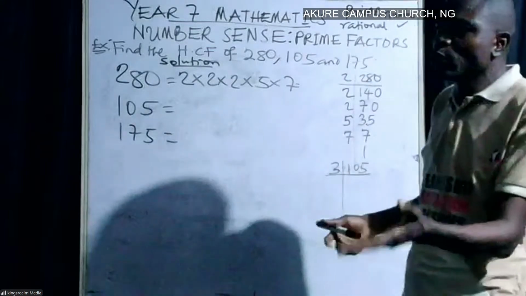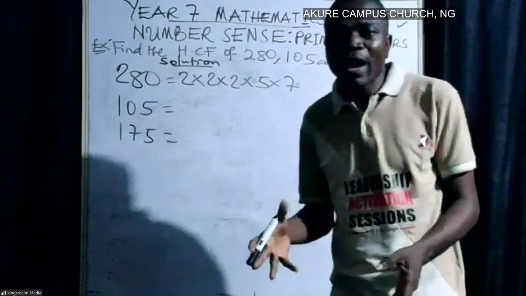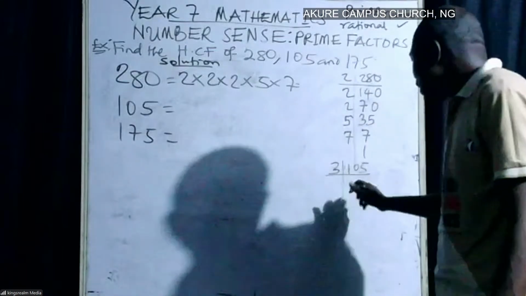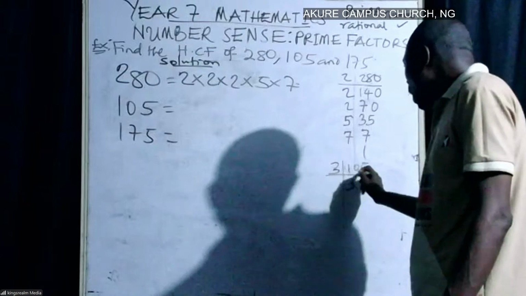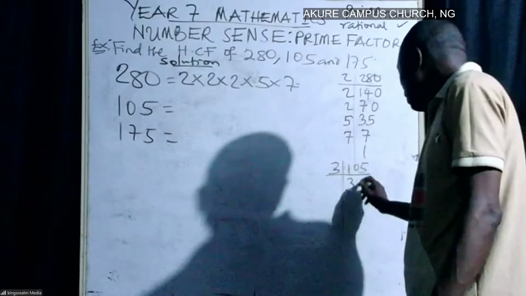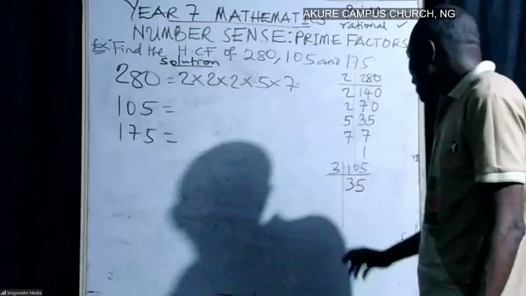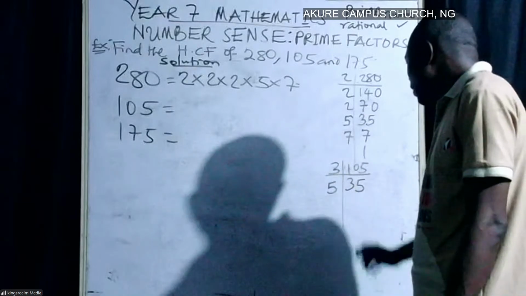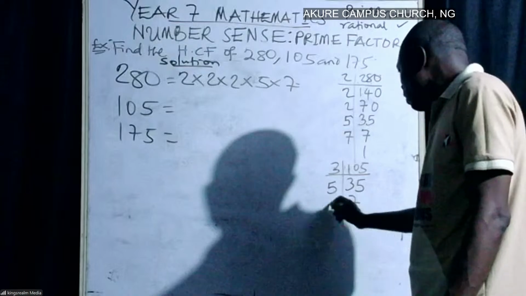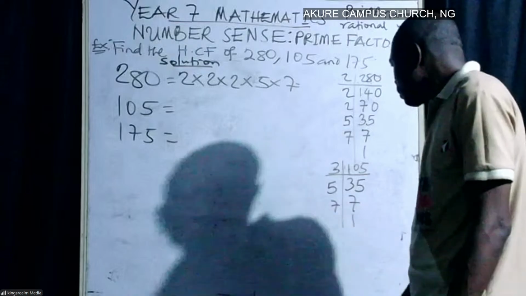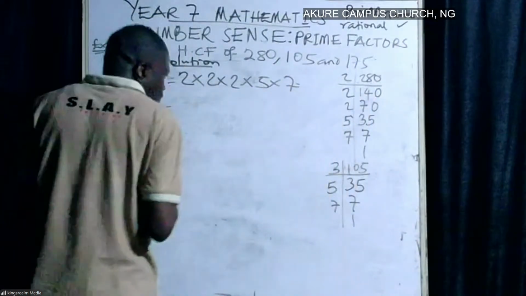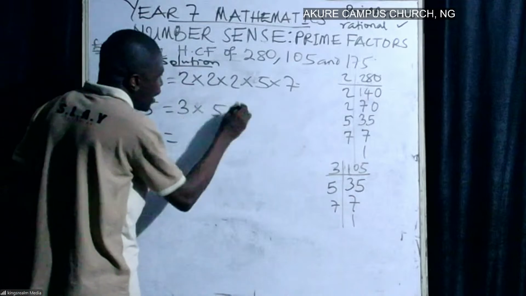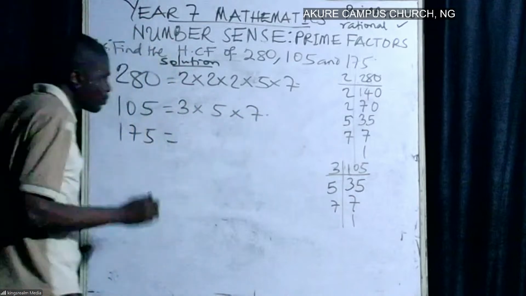So 3 is a smaller prime number compared to 5, so you start with that. 3 in 10, that will give us 3, remainder 1. 3 in 15, that is 5. Then 5 can go here. 5 in 35, that will give us 7. 7 in 7, 1. So the prime factors for 105 are 3, 5, and 7.